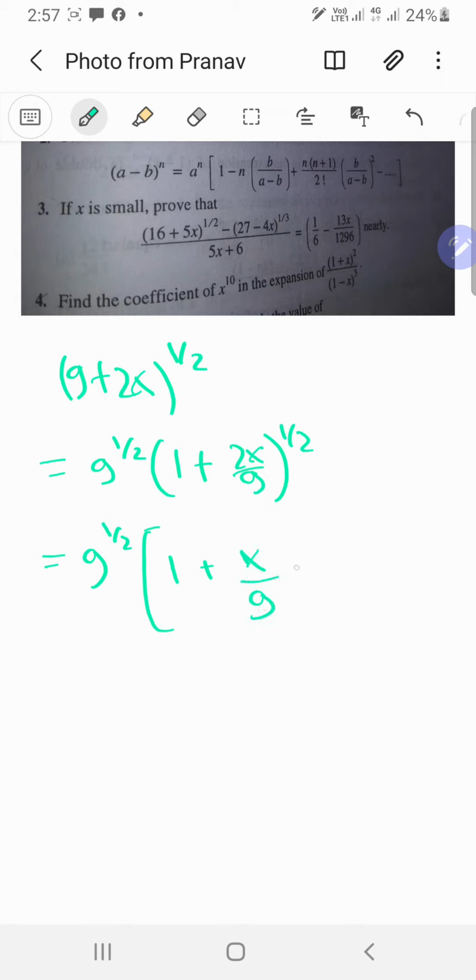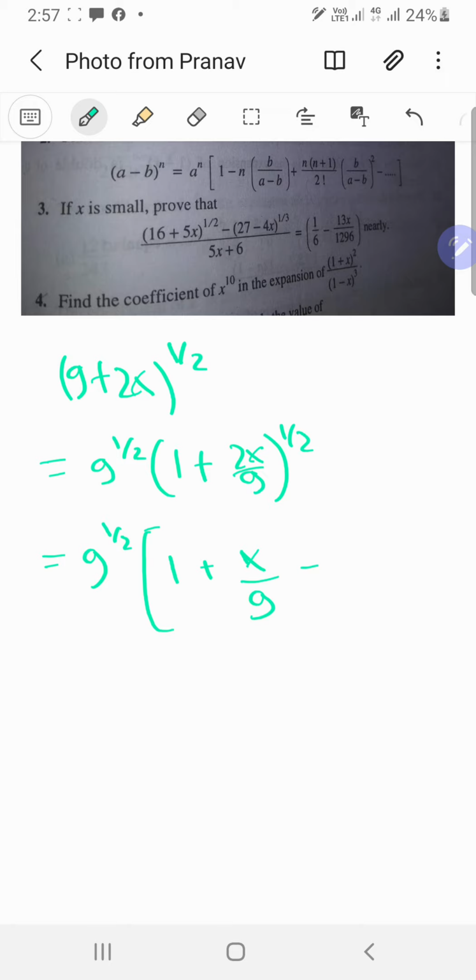Okay, then plus (1/2) into (1/2 − 1), so that's actually negative 1/2, so it's going to be negative 1/4. So negative 1/4, that upon 2 factorial, that's negative 1/8, and that thing into 2x/9, wait a second, that's supposed to be a square over there.